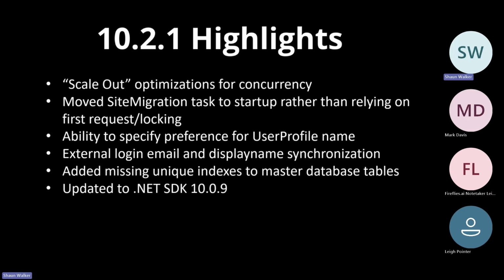There were some concurrency items that might materialize. So, for example, there was a workload that would run during startup, and it was originally implemented so that it would only run on the first request to the site, and it was using a lock to prevent other threads from accessing that code during that first request.